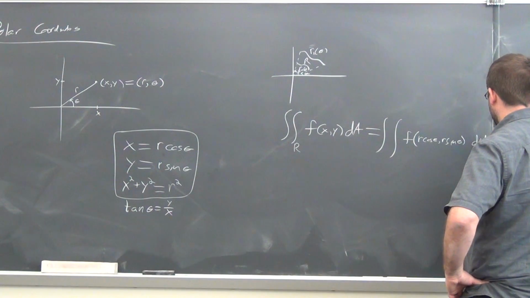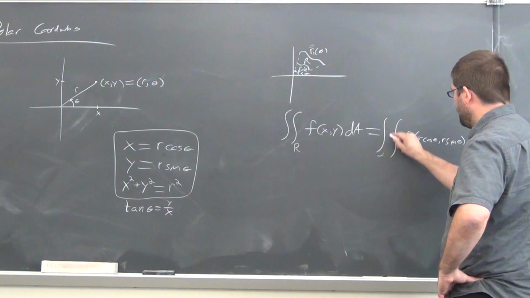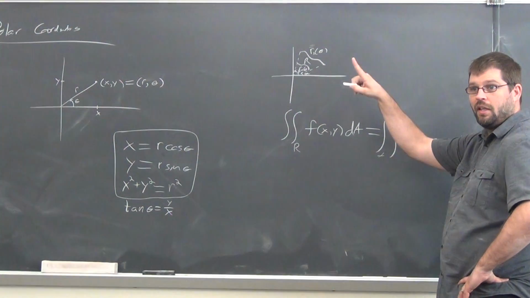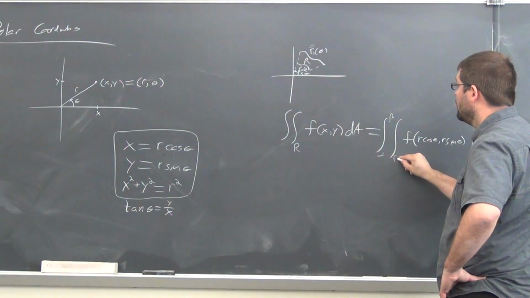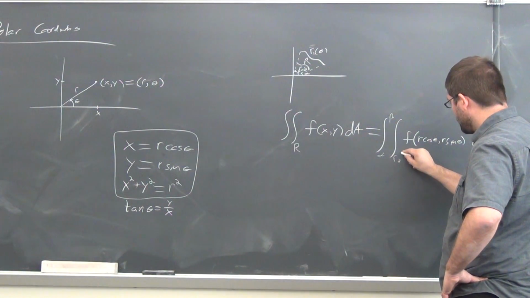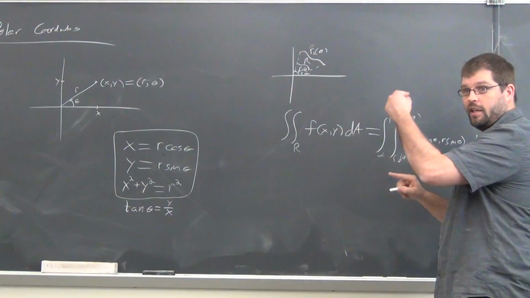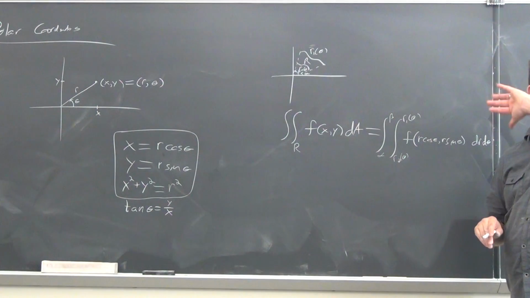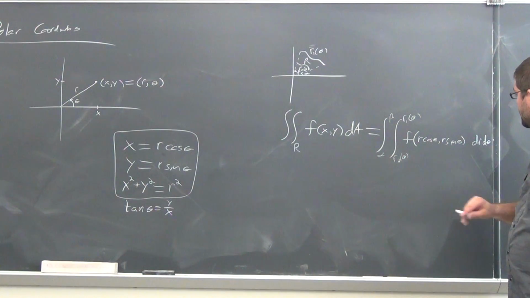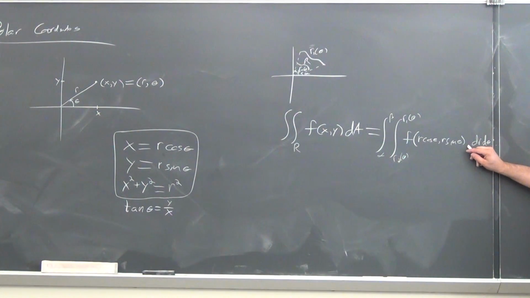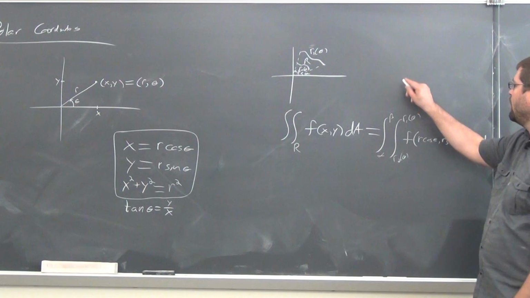So I'll put it this way, dr d theta, where theta is going to go from alpha to beta, right? And then r will go from your inner one, oh, I wrote it backwards, r1 of theta to r2 of theta, your inside radius to your outside radius. Most of the time these are just circular regions, and so this is easy. But it's not just this. What else has to go in here? Yeah, you throw an r in there. Does that look familiar? And again, where does that come from?